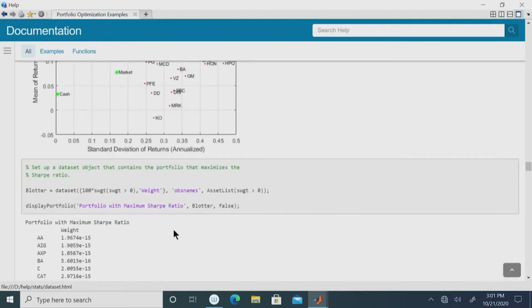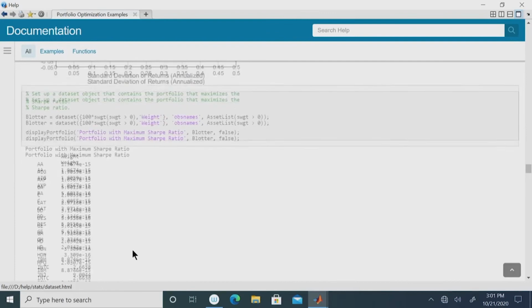So, interestingly, it turns out, if you do a blotter of this, the blotter is going to be the weights of all the portfolios that maximize the Sharpe ratio. So, this will give you the weights in terms of percentage of the individual assets that constitute the portfolio with the maximum Sharpe ratio.